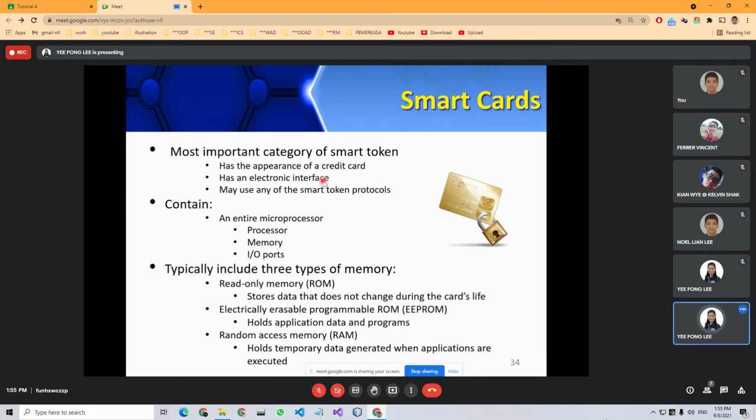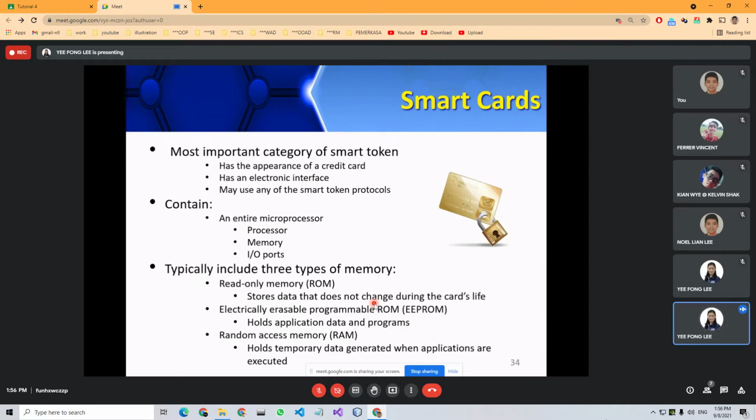Some of the content here is repeated, so I will go through it briefly. A smart card contains a microprocessor and memory. A typical smart card might include three types of memory. Read-only memory stores data that does not change during the card's life, for example the cardholder's name and the card number. That is read-only memory.